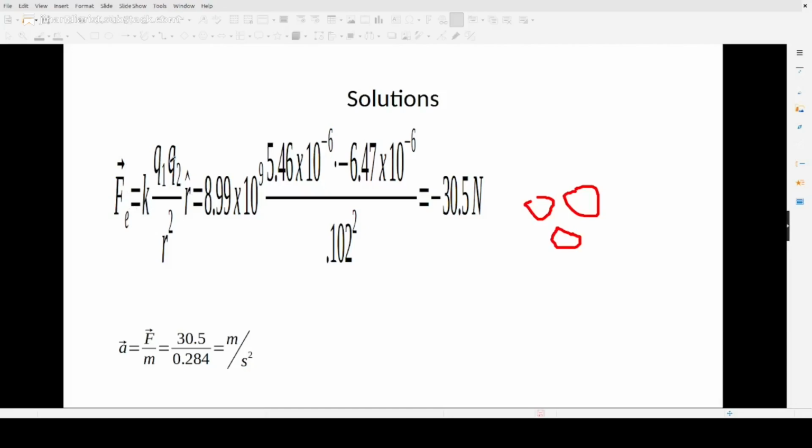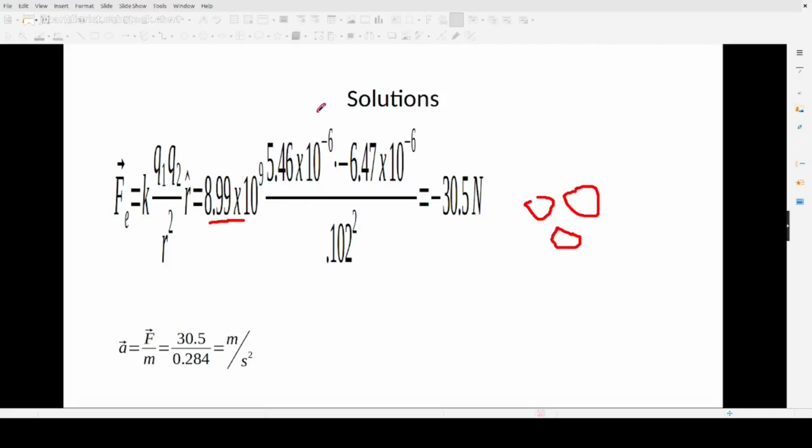Now here are the solutions. The electrostatic force is k Q1 Q2 over r squared in the r hat direction. We don't care about that. It's going to be 8.99 times 10 to the 9, that's our Coulomb constant. Now, 5.46 microcoulombs, I have this as 5.46 times 10 to the negative 6 coulombs.